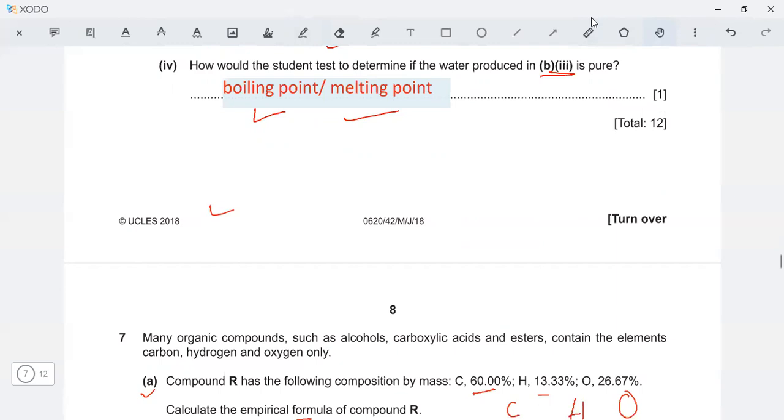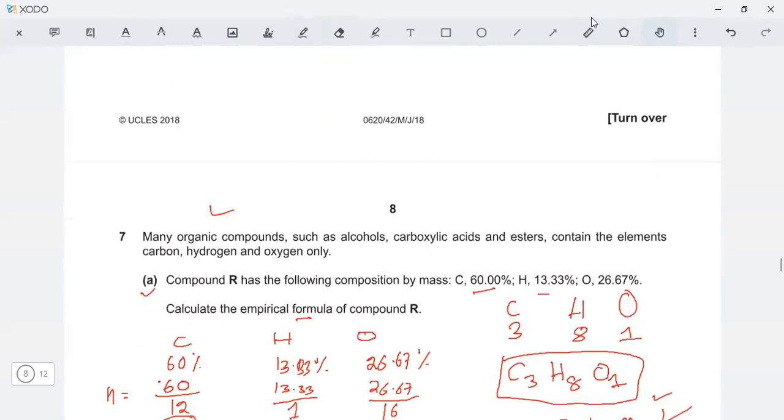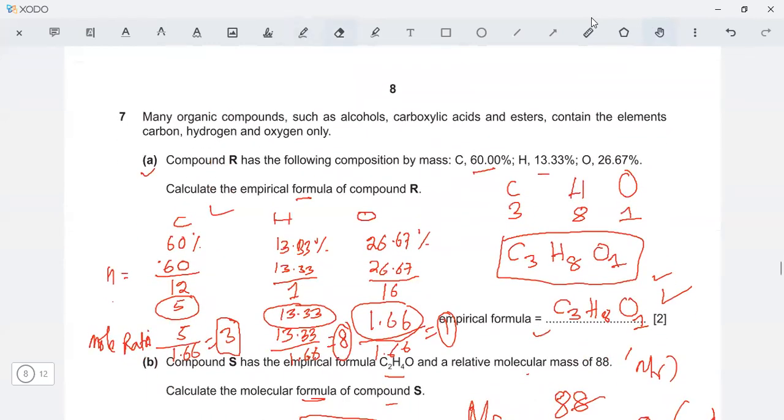If, for example, you measure the boiling point to be more than 100, maybe 105 or something like that, then that water is not pure water. There will be some impurities. So purity can be checked by means of melting point or boiling point. Clear?